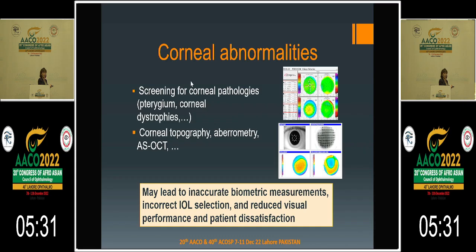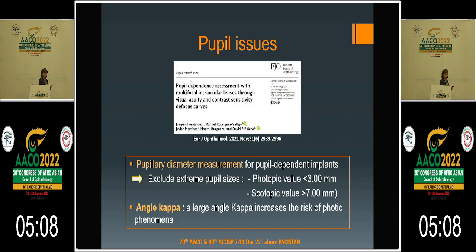Also, corneal abnormalities must be screened with corneal topography, aberrometry, and OCT, because corneal aberration can lead to inaccurate biometric measurements, incorrect IOL selection, reduced visual performance and patient dissatisfaction. The pupil diameter must be measured, and we have to exclude extreme pupil size.